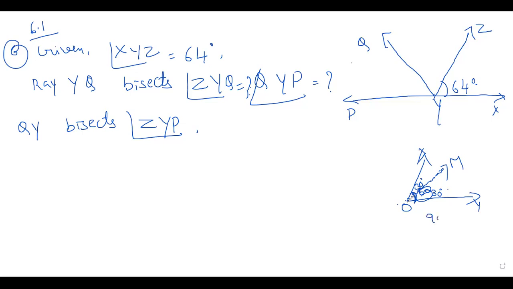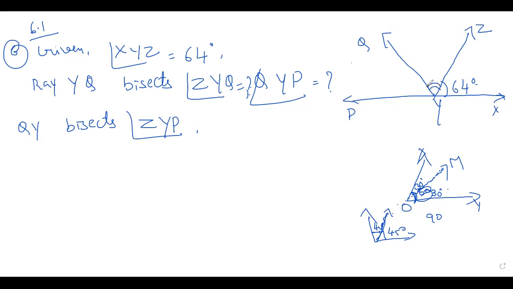If it is 90 degree, what does bisecting mean? Bisect the angle. For example, here there is a ray, it bisects the angle, total is 90 degree. So it is bisecting, which means each angle will be 45 degree. Like that here also, children, QY is the ray, it is bisecting PYZ. So what can we write?